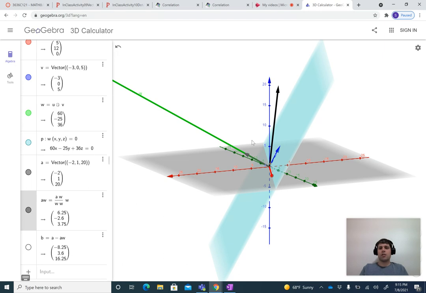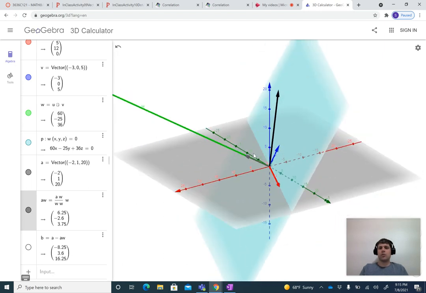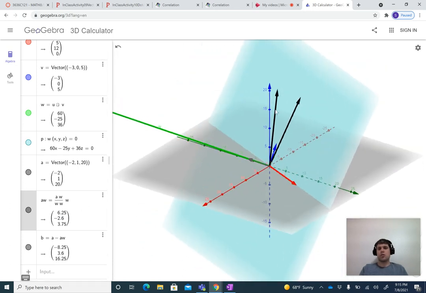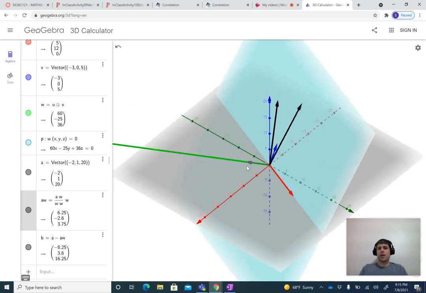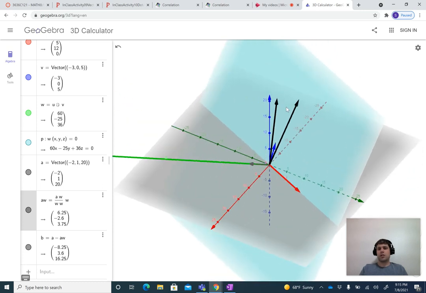And then once we have that projection, we'll subtract that component, and then we should get the component in the direction of the plane, which is perpendicular to the green vector. And so that's what I did here. I took the A vector, which is our words that we're searching, and we subtract this AW vector, which is the projection of A onto the green, and we get this search vector.